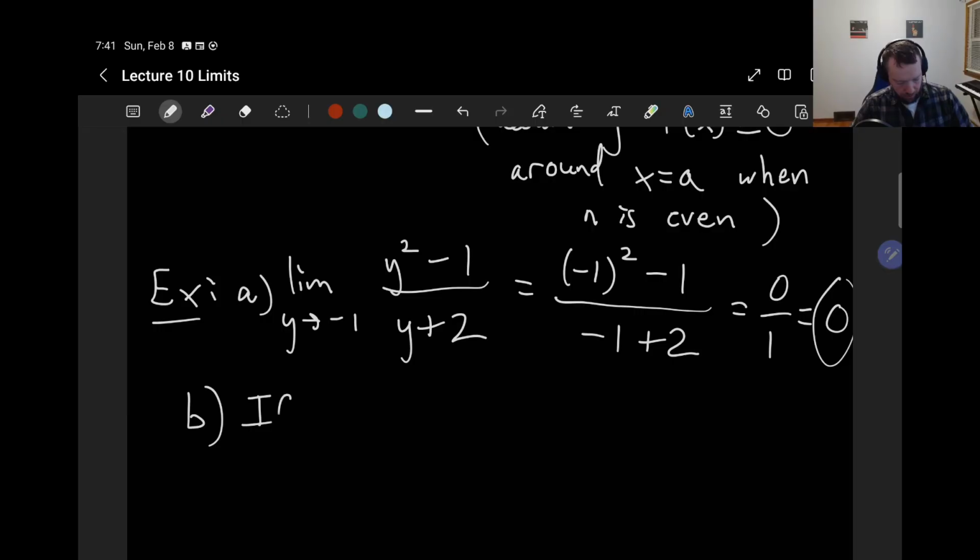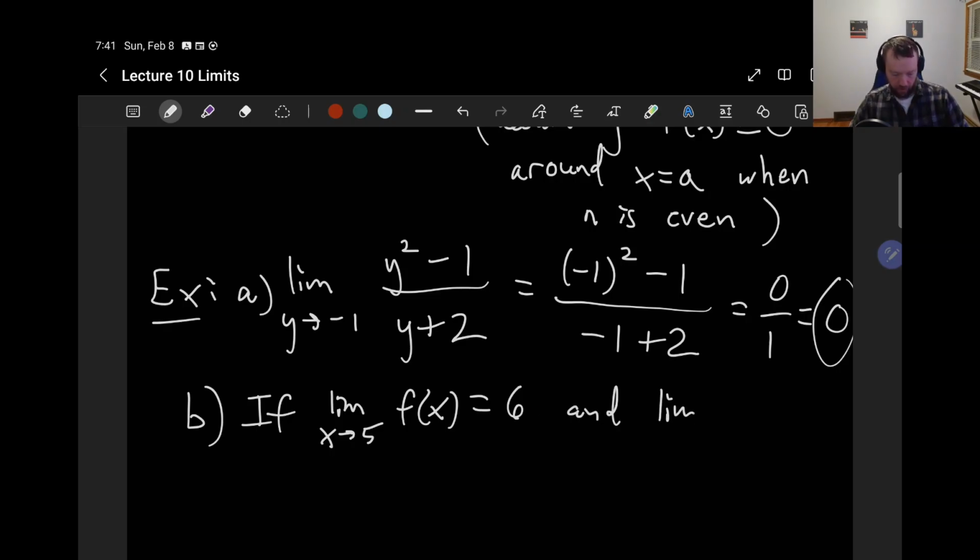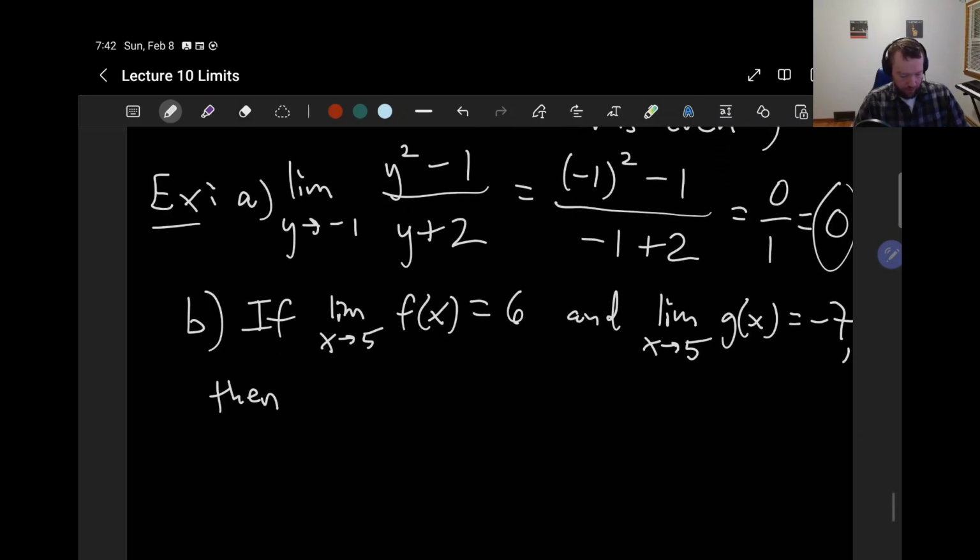Part B. Let's say we don't know too much about these two functions f and g, but we know that the limit as x approaches 5 of f of x is 6, and the limit as x approaches 5 of g of x is negative 7. Then I can figure out the limit of their sum, and I'll throw in an extra times 2 for good measure.